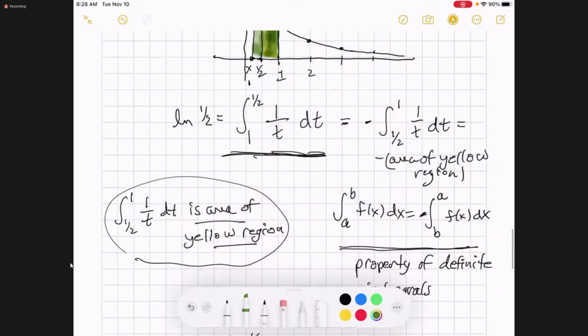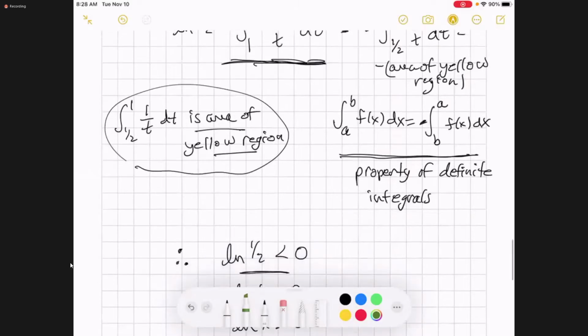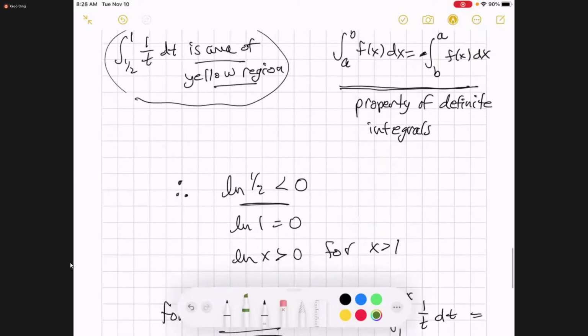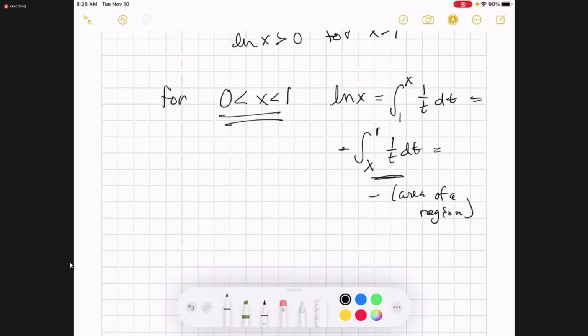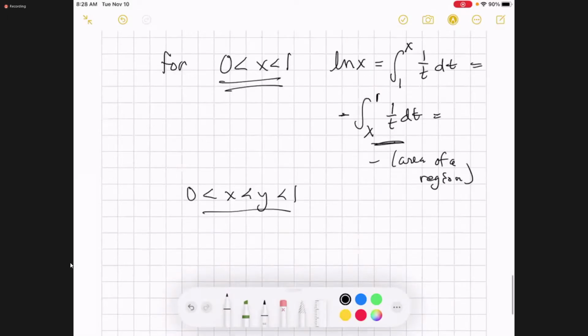Okay, so we know something about this function. In fact, let's see. If I have 0 less than x less than y less than 1, then the integral from x to 1, so that's upside down as far as the definition goes, in terms of the order of the numbers it's not.